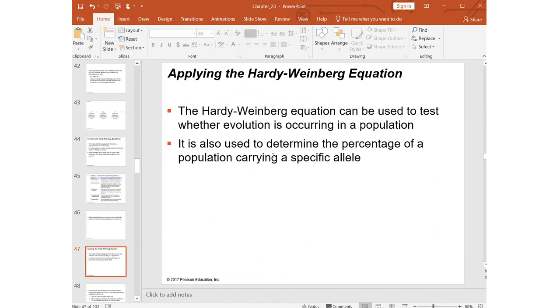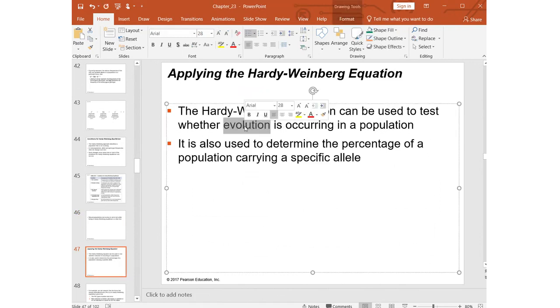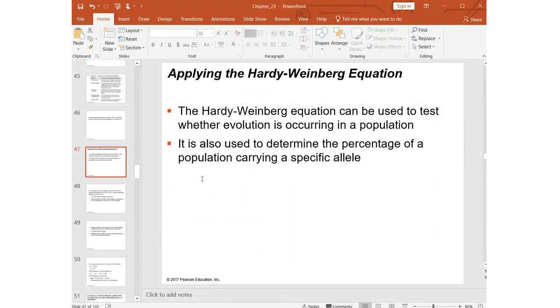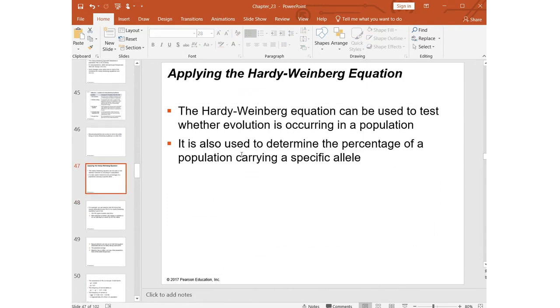So the equation can be used to test whether evolution is occurring in a population. It's also used to determine the percentage of a population that's carrying a specific allele. We'll see that in part 2 of the lecture.